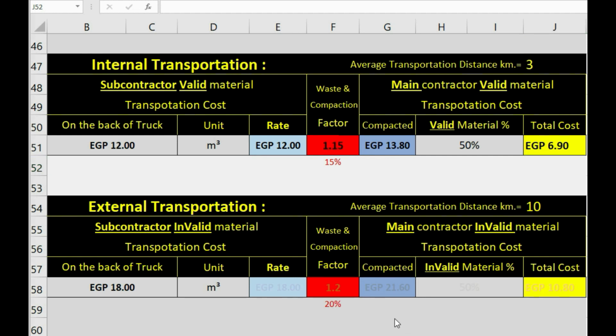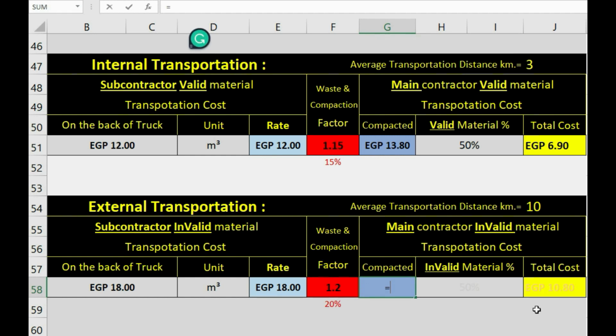The same way in the external transport to the public dump for 10 kilometers. 18 Egyptian pound multiply the factor of compaction 1.2 equal 21.6.